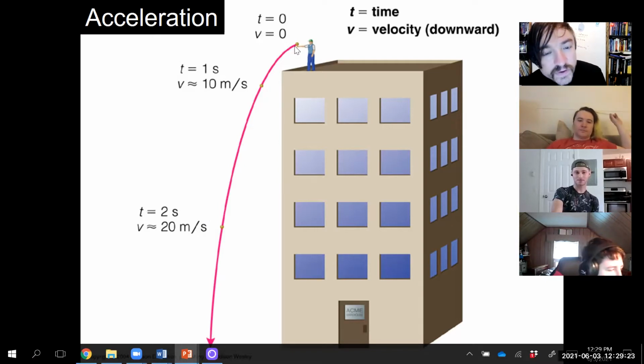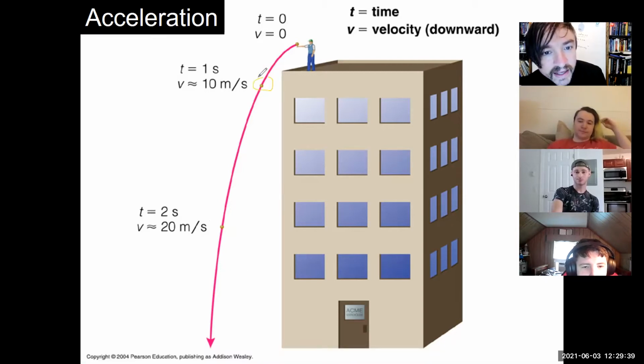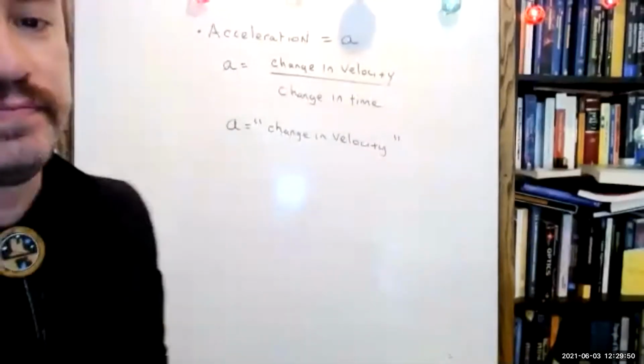As the ball drops towards the ground, its velocity is going to change because it went from not moving to suddenly moving, and the rate at which it travels goes faster and faster if you can keep measuring it. So we can talk about the change in velocity with respect to time by analyzing its velocity at two different points, say at time equals 1 second and at time equals 2 seconds. And let's just do that for a moment because it's kind of useful.